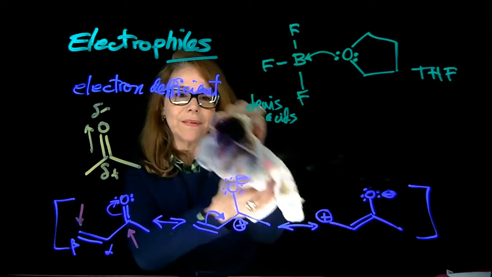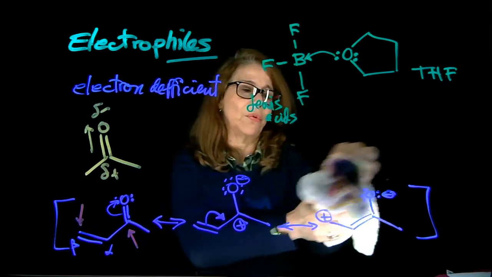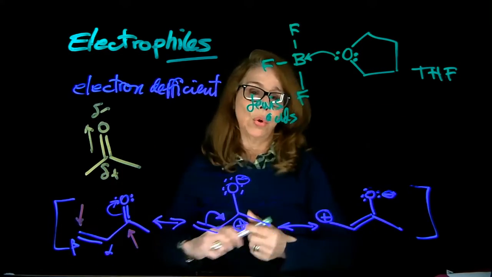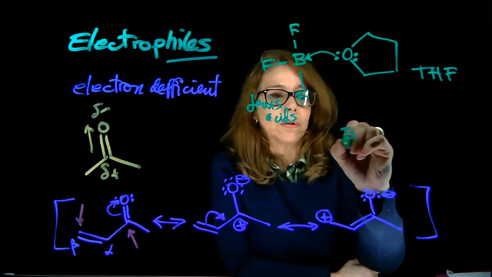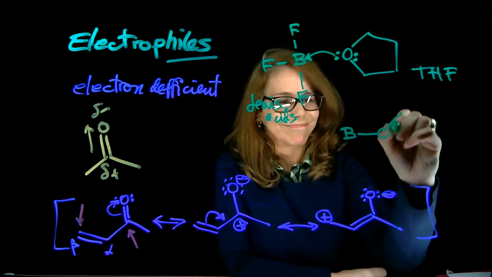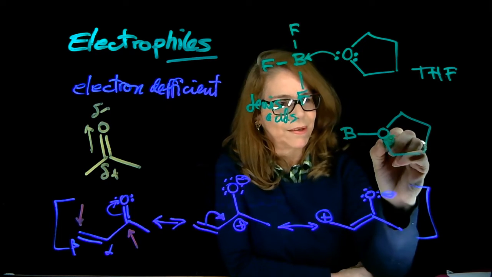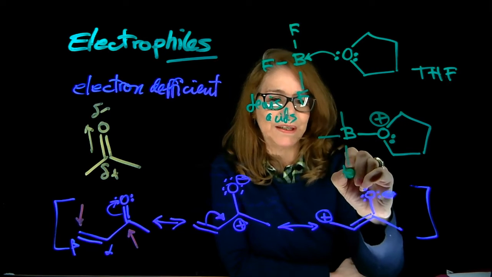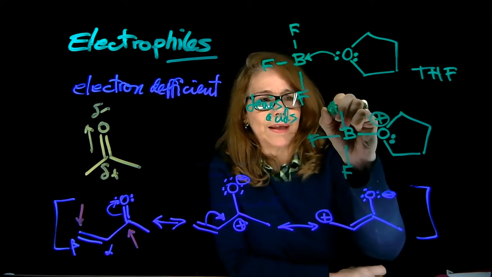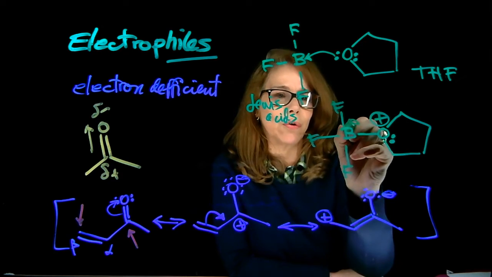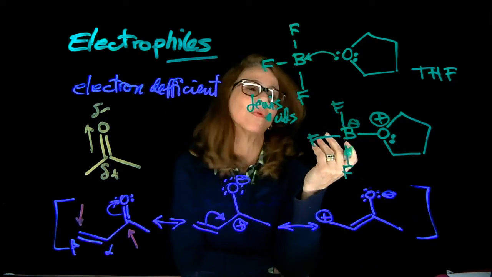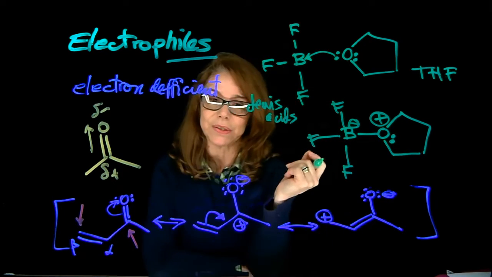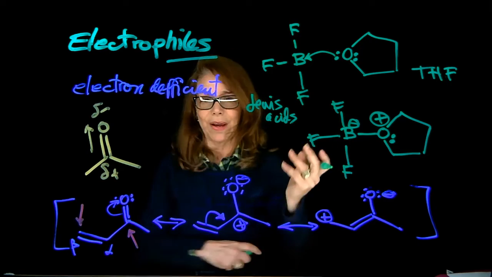Now you will have the octet complete at the boron. After the Lewis acid-base reaction, you obtain the following structure. Here you will have a formal positive, and now the octet is complete at the boron atom, and you will have a formal negative charge here. Remember how to do formal charges. The point is that Lewis acids are electron deficient species, so they can act as electrophiles as well.